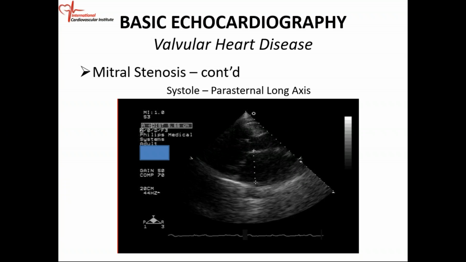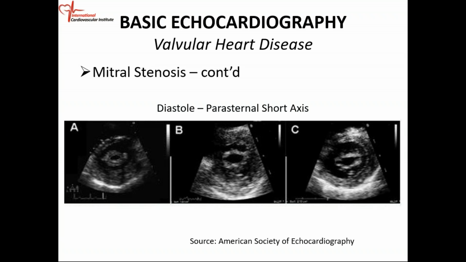Another thing with mitral stenosis: because the blood cannot get out, the left atrium is enlarged. You can see in this case, the linear dimension is 5.66 centimeters. The upper limit is 4 centimeters, of course. So this is very enlarged, and that's in keeping with the pathophysiology of mitral stenosis.